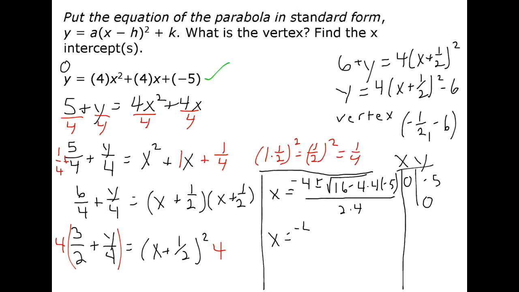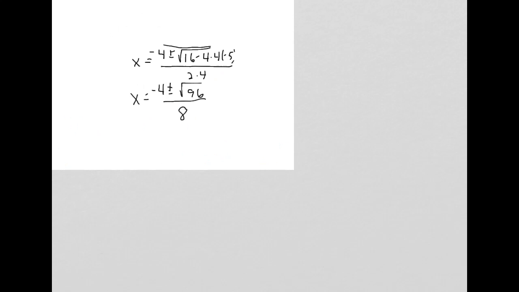So x is equal to -4 plus or minus the square root of 16 plus 80, so 96 over 8. And then we can go ahead and simplify that. So to simplify that, we would have x is equal to -4 plus or minus the square root of 16 times 6, all over 8.